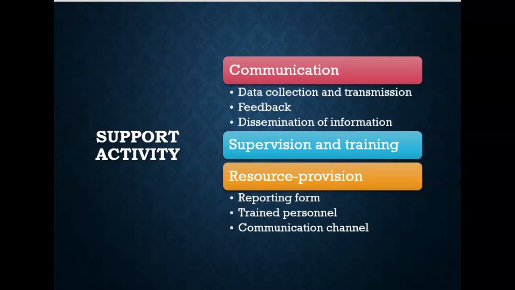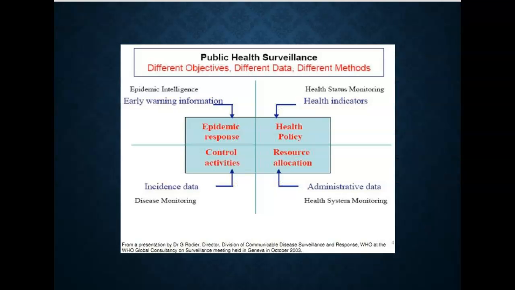Then in terms of support activity, of course, communication, data collection, transmission, feedback, dissemination of information, but also supervision and training. Think about all the personnel that you'll be needing there. What is the funding there? So these are all the funding considerations that are needed.